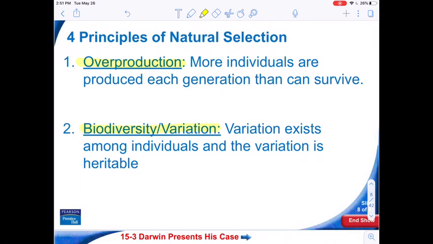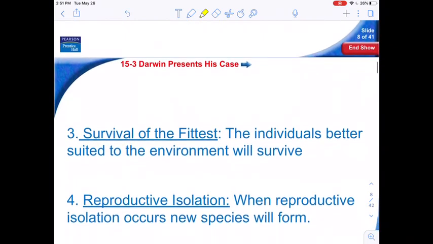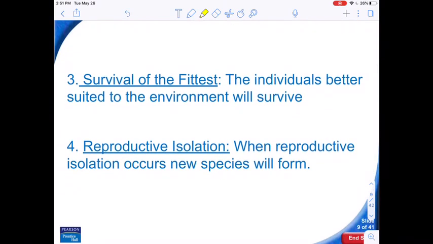And we know that that's the case with genetics, that variations are inherited through meiosis and the production of different gametes and fertilization. The third one is that survival of the fittest occurs when individuals that are better suited to their environment are the ones that survive and pass on those stronger traits.